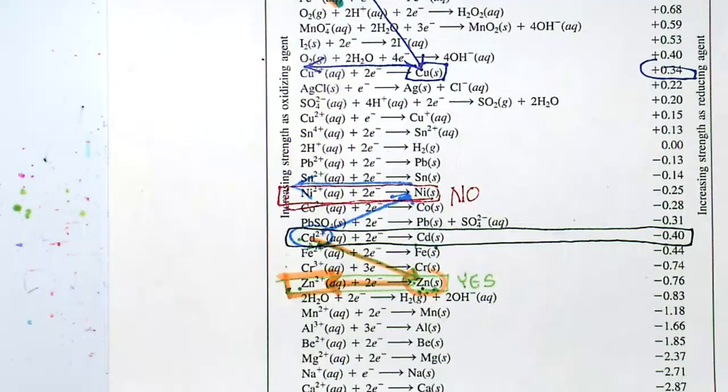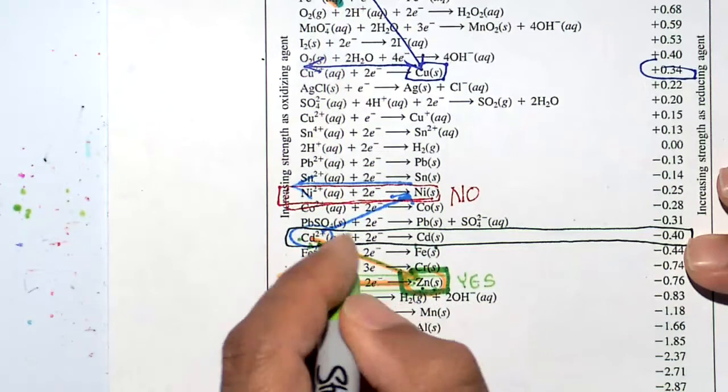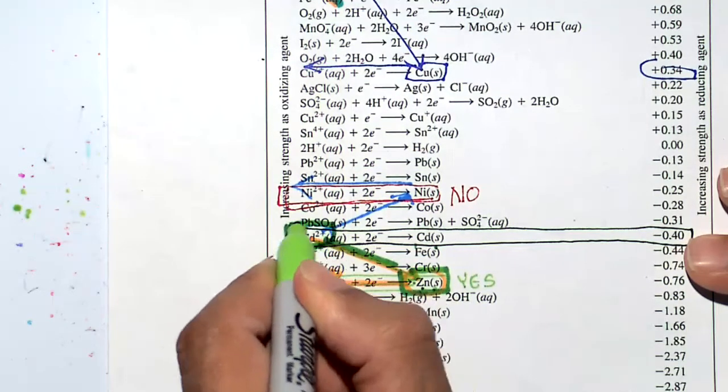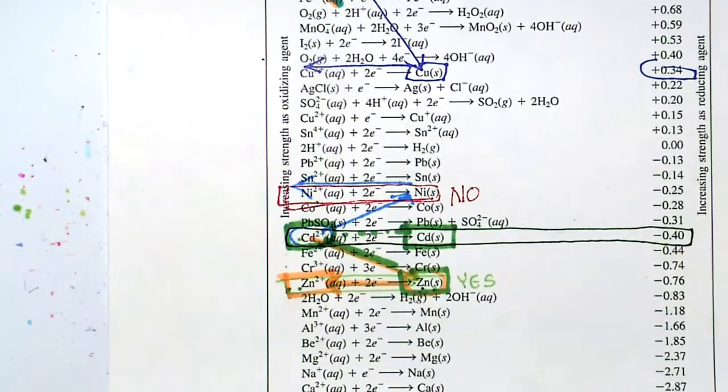Along the same vein, zinc solid can reduce cadmium plus 2 to cadmium solid. All right. So that's the so-called diagonal rule.